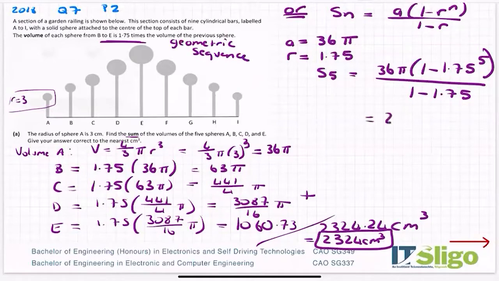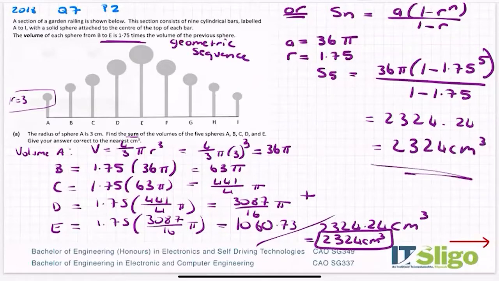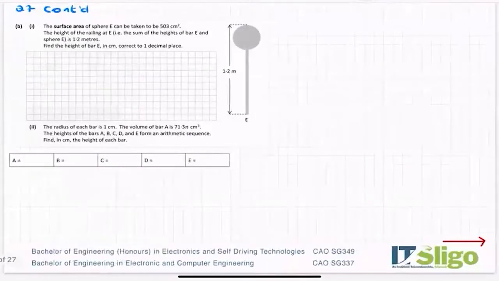And I'm getting 2324.24 for that, which rounded is 2324 centimetres cubed. So the formula was much faster if you saw it. You still had to work out volume A, of course, to give you your first term, but your common ratio, 1.75, they gave it to you. So that was part A for that question, and that was 10 marks.